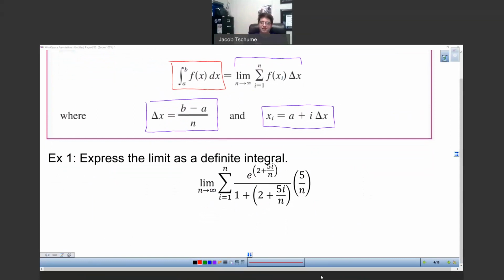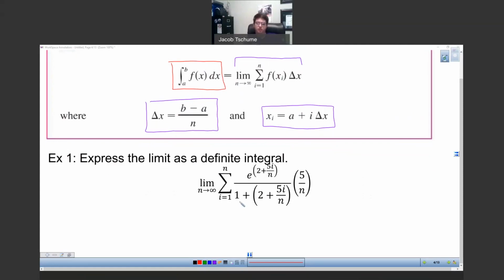I want you to take this limit, and it's really ugly, and let's make it look a little bit nicer. So we have the limit as n approaches infinity of the summation from i equals 1 to n of e raised to the 2 plus 5i over n, over 1 plus 2 plus 5i over n, all of that multiplied by 5 over n.